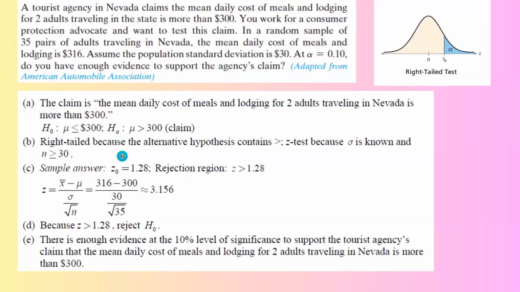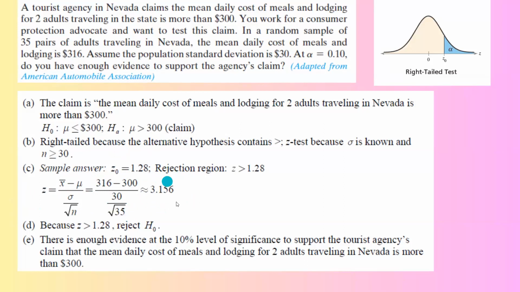Now that we have our critical value, we need to find a standardized statistic following the formula x bar minus mu divided by sigma over square root of n. X bar is the sample mean, mu is the proposed average of population, sigma is given to us as $30, and n is the sample size, 35.